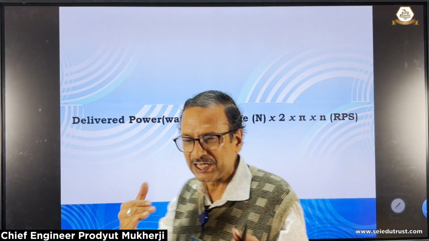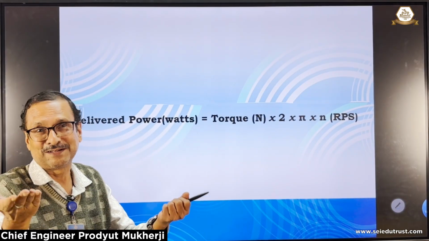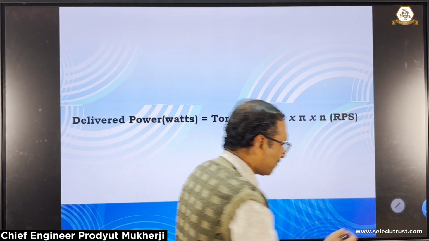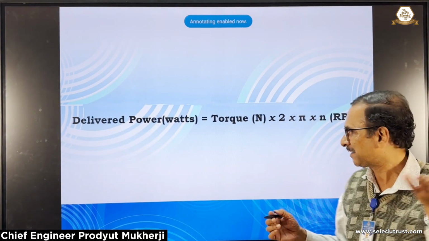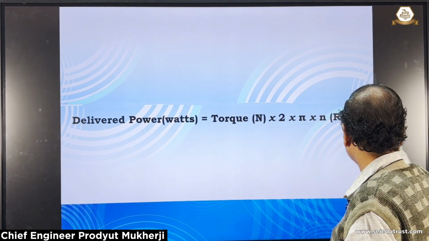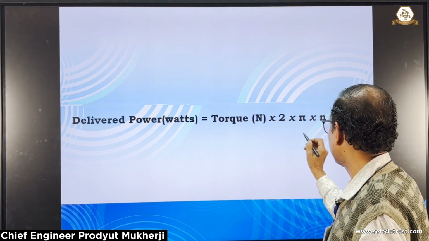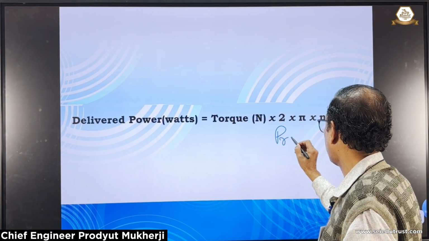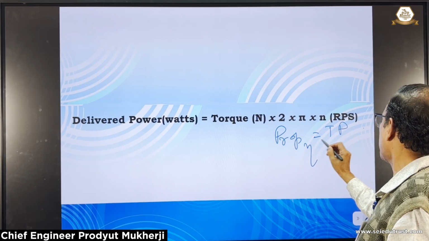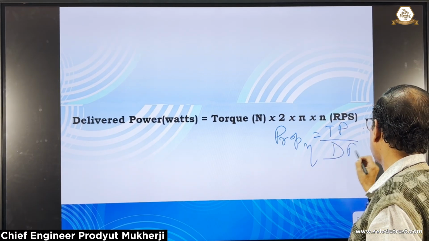Yes, previously in the power chapter when I taught you to calculate a ship's power, we did come across delivered power. That was a slightly different formula, let me tell you. So I will just write it down for you. There we saw that the propeller efficiency is equal to thrust power by delivered power.